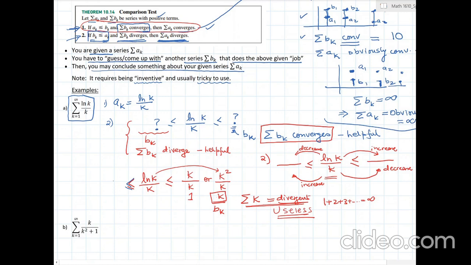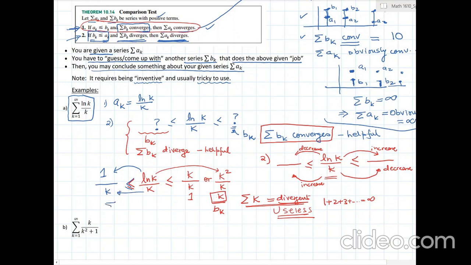What could be smaller than ln k? Well, 1 is smaller than log k, or 2 or 3, it doesn't matter. Any number would be smaller than log k. And let me keep this as k. I don't have to change this. So 1 over k is definitely less than or equal to log k over k.